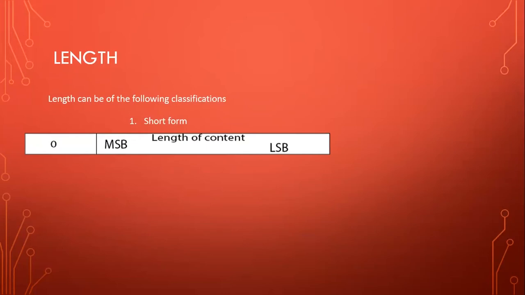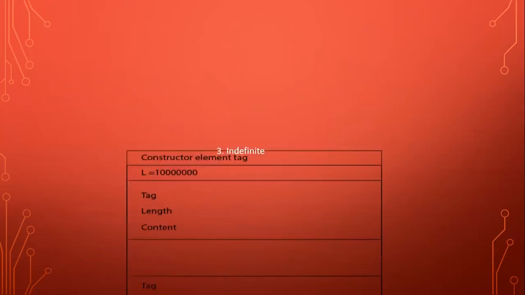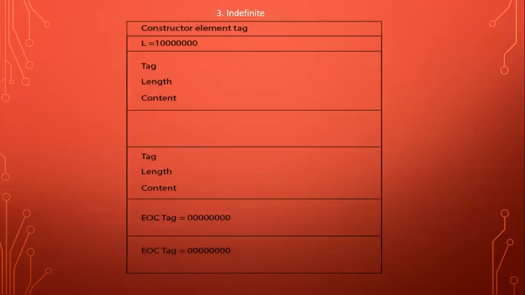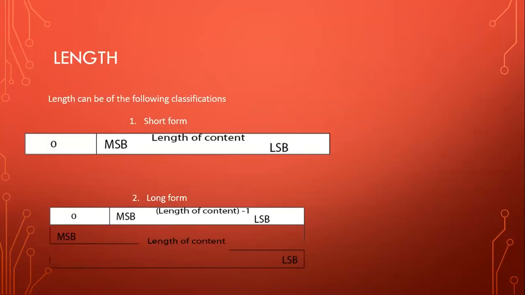And then you have the length, and the length can be of 3 forms. We have short form, long form, and indefinite form. So there's something I need to clarify on this. For short form, that means it's a primitive information element.